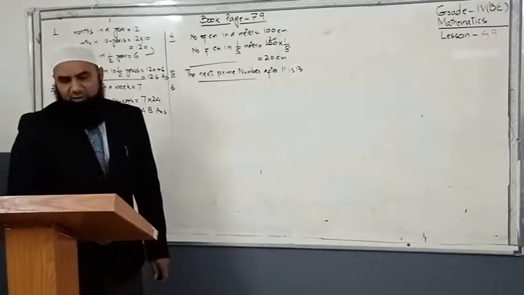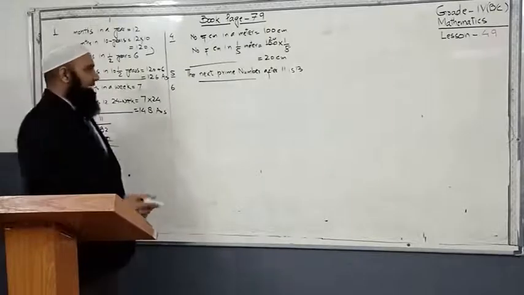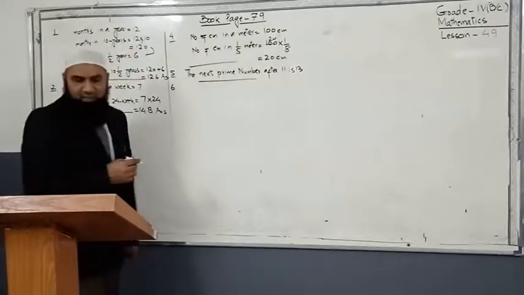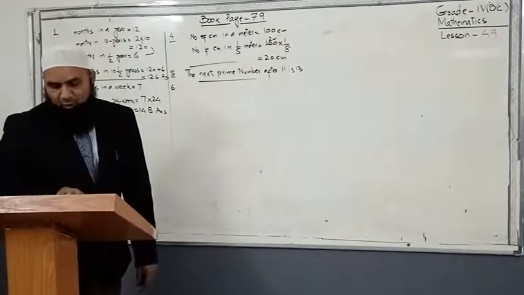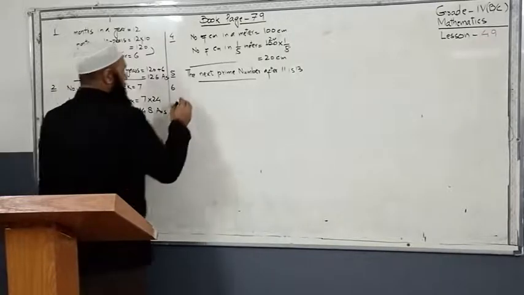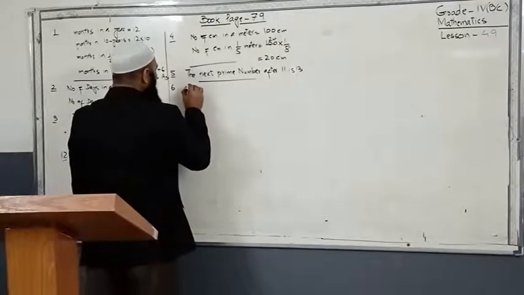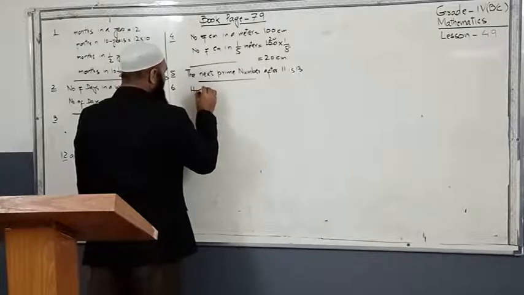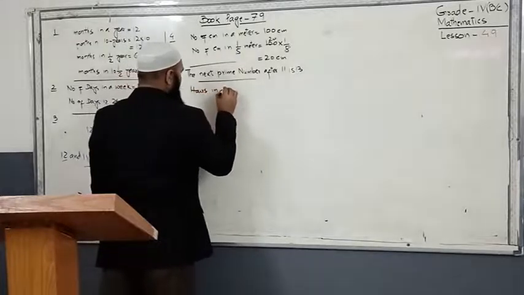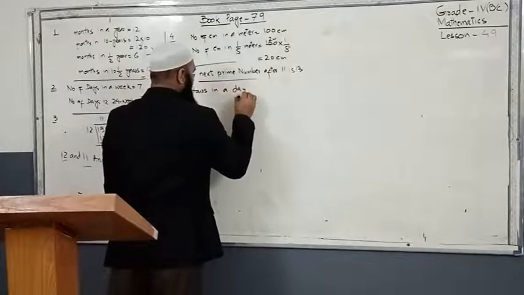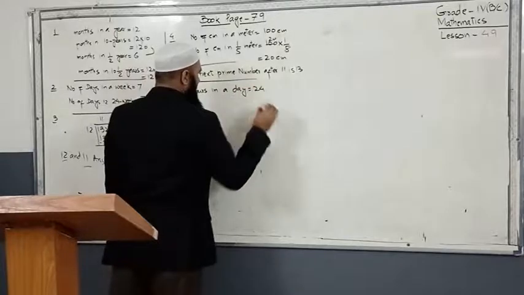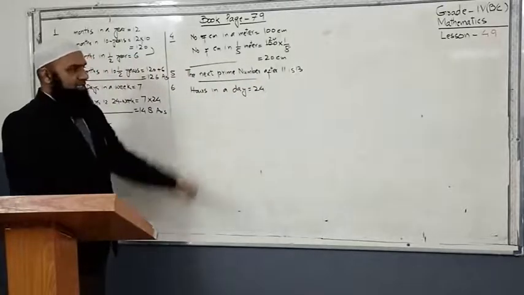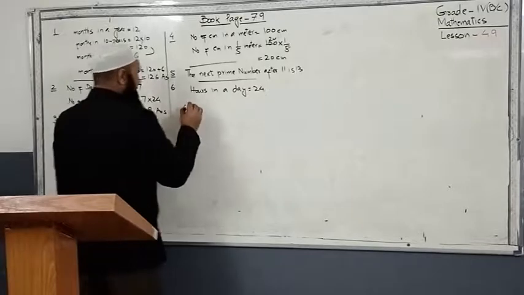Question number 6. 2/3 of a day is equal to how many hours? We know that hours in a day is equal to 24. Number of hours in a day is equal to 24.